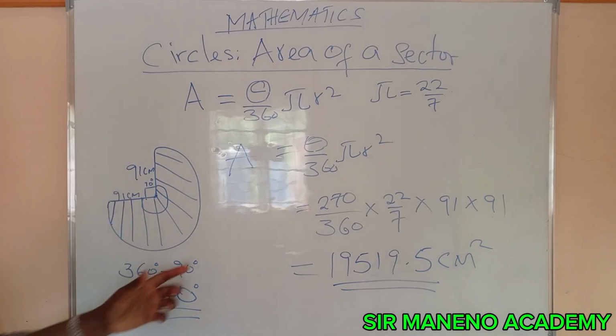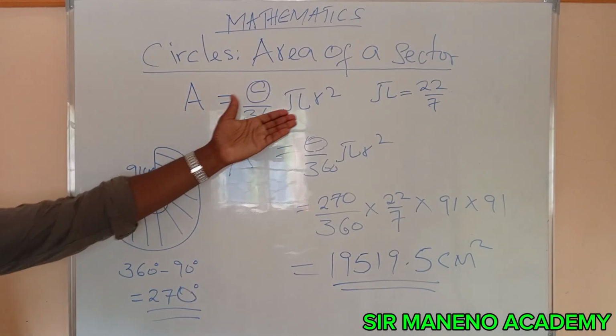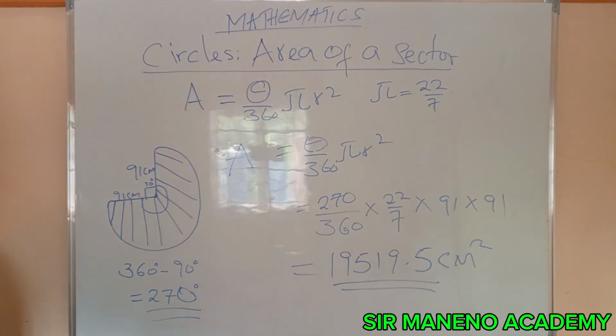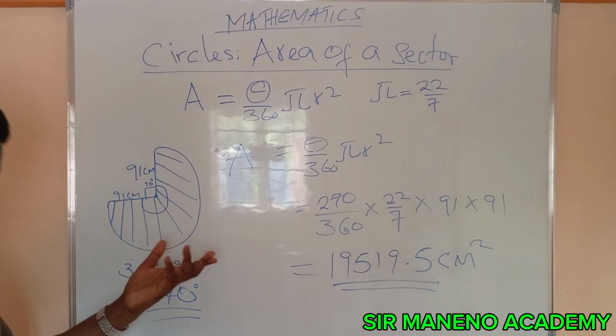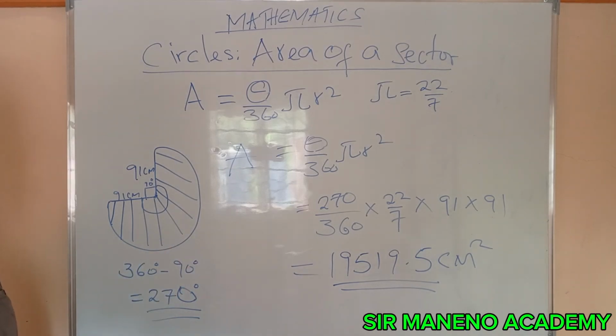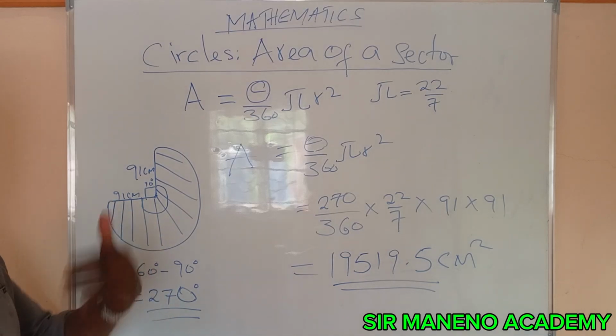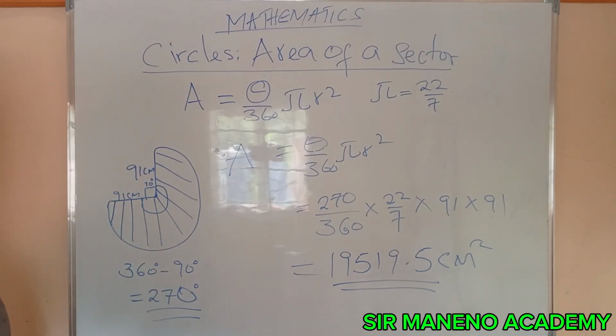When it comes to area, it is theta over 360 pi r squared. So that is what we had for today. And I hope that mathematics is going to be as easy as it is. It is easy, you can see. Now what you do is a lot of practice, because out of that practice, you become perfect.